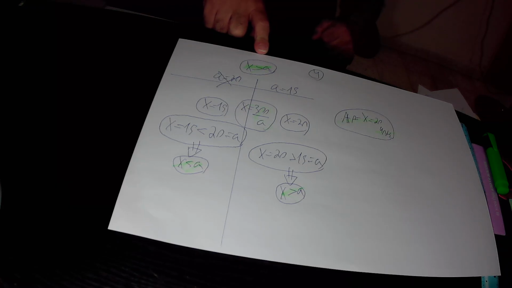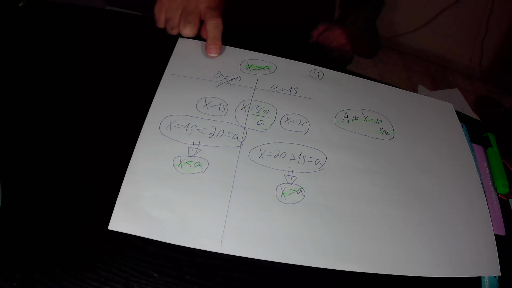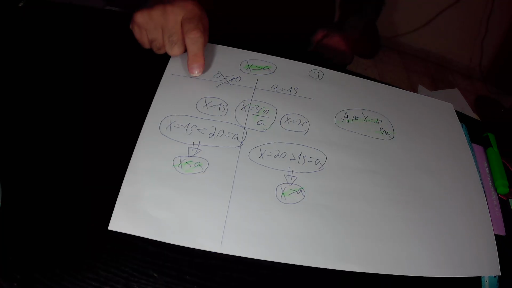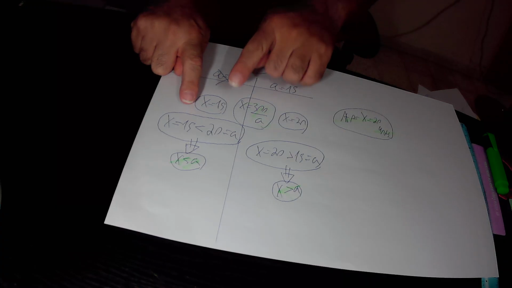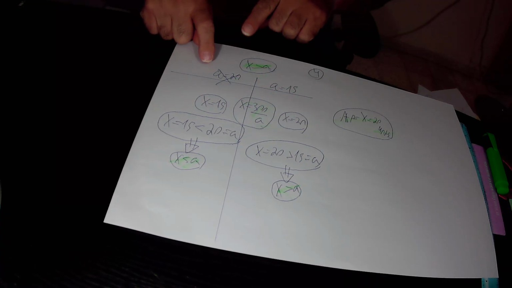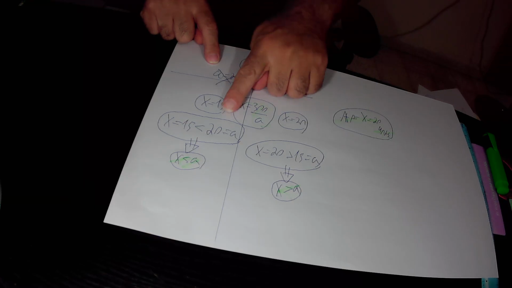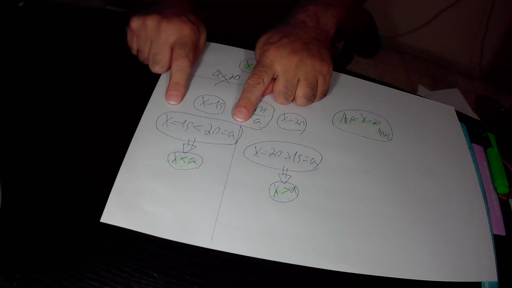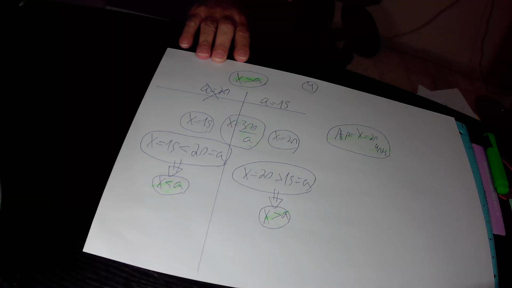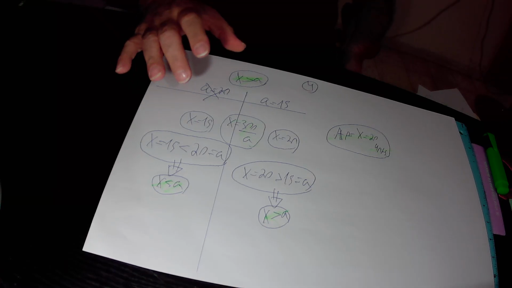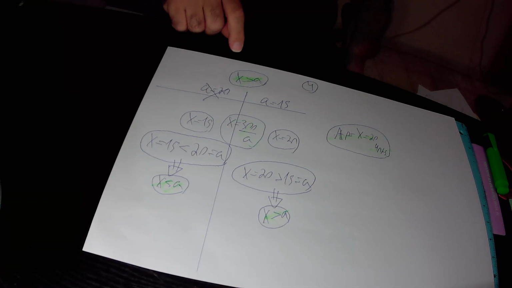Now we check the second solution for A. When A equals 20, then X equals 15. 15 is definitely smaller than 20, and 20 equals A. From this inequality, we derive that X is smaller than A. It contradicts our previous findings that X must be greater than A. If X must be greater than A, X cannot be smaller than A. Due to this contradiction, we reject this solution.